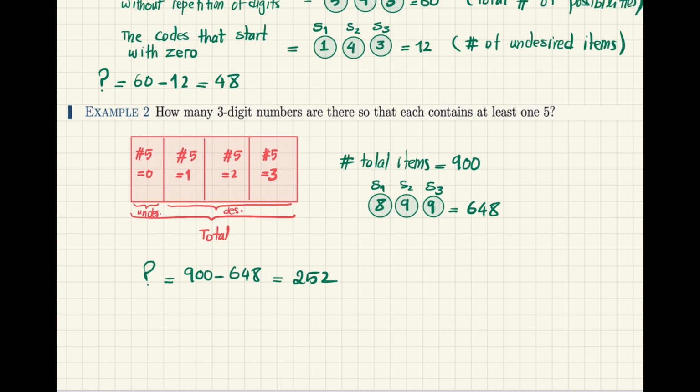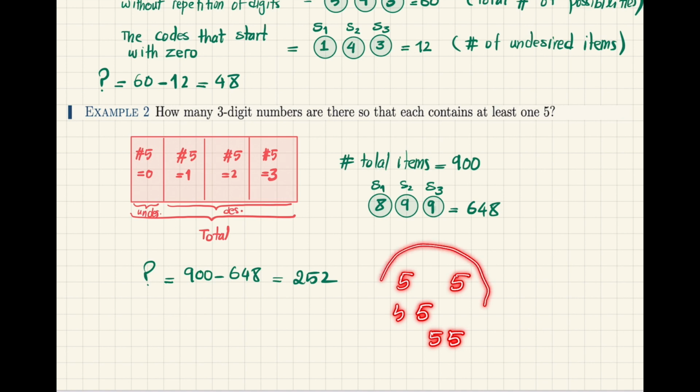Yes. By the way, I think that's a good exercise if you try to count it directly. For example, this one is easy. There are 3 5s, so the only option is 555. But here I have 2 5s. If you have 2 5s, you can have them in these positions, or in these positions, and so on.